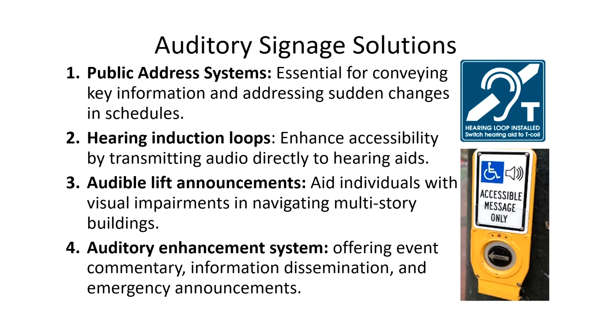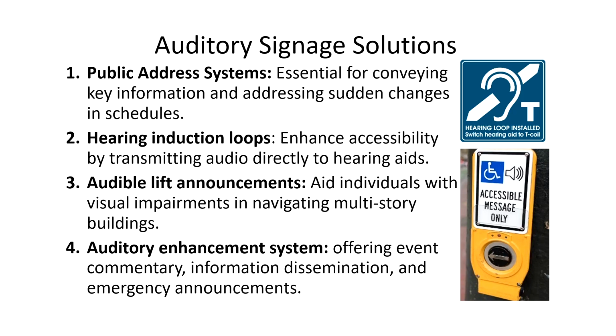hearing induction loop facilities. Hearing induction loop facilities use electromagnetic signals to transmit sound directly to hearing aid equipment and telecoils. These facilities are invaluable for individuals with hearing impairment, providing clear and direct access to auditory information. Audible announcements in lifts are vital for assuring accessibility and safety for all passengers.